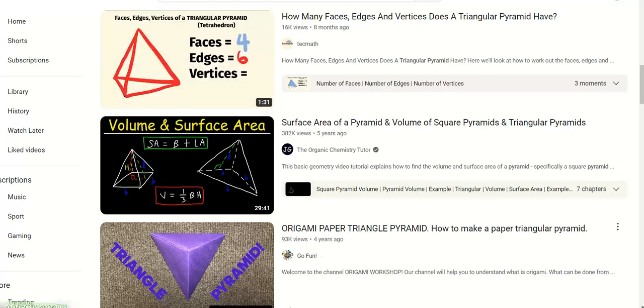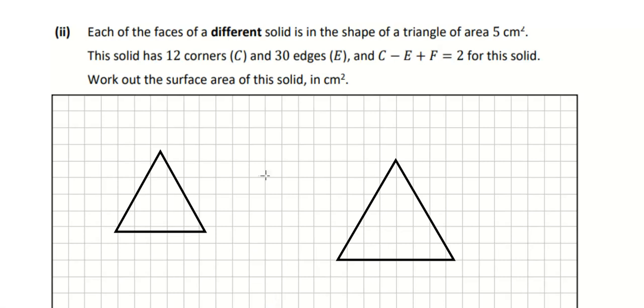Okay, so it could be an object like a triangle pyramid, but the bottom line is, whatever they're using, I have to figure out how many triangles they have. So my job is to figure out how many faces they have and multiply each face by 5, and that will tell me what the surface area is. If it's a triangle pyramid, it'll be 4 faces, 1 on the bottom and 3 around the edge.